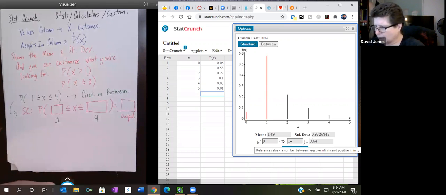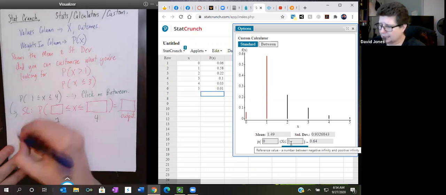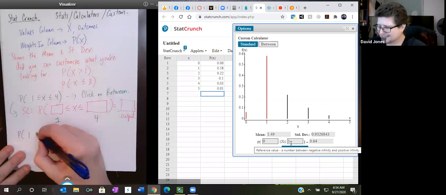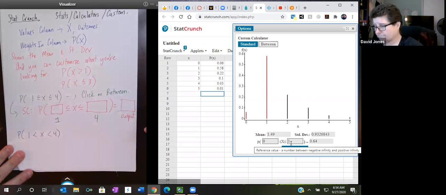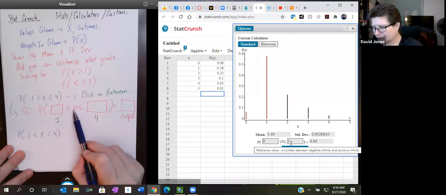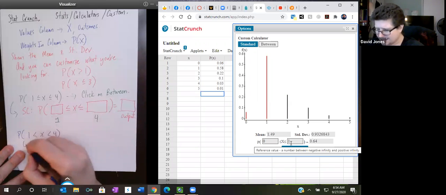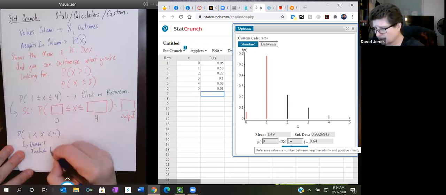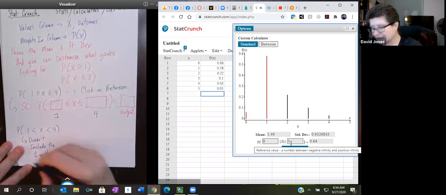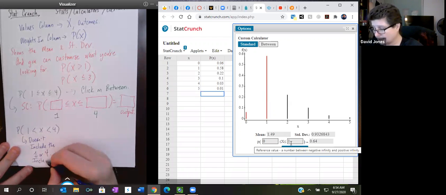What if I want the probability that 1 is less than X, less than 4? If I put the 1 in, it's including it. This doesn't include 1 or 4. Which means it includes 2 and 3.